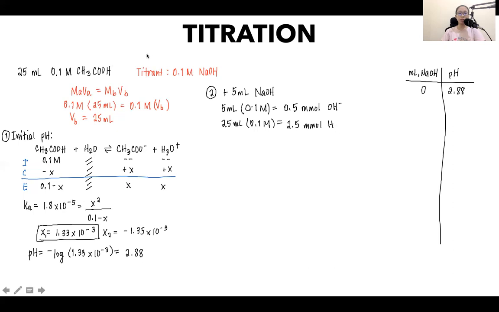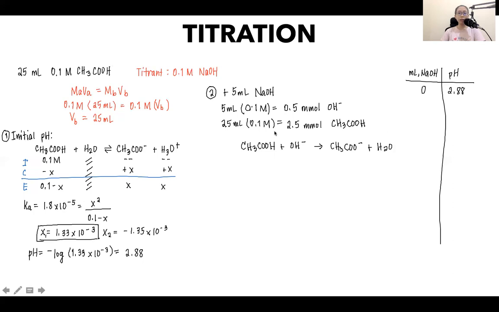Well, since this is a weak acid, let's just write acetic acid. Again, we know that there will be a neutralization reaction between acetic acid and the hydroxide ion. So this will produce acetate and water.